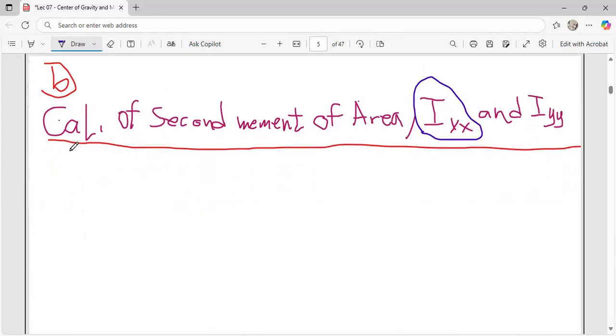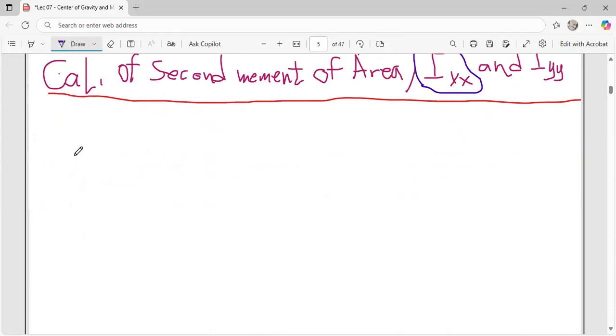Good. And the formula for second moment of area about XX. So we want to talk about second moment of area about XX.